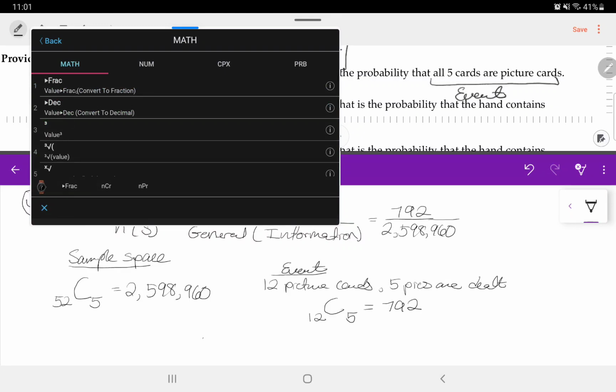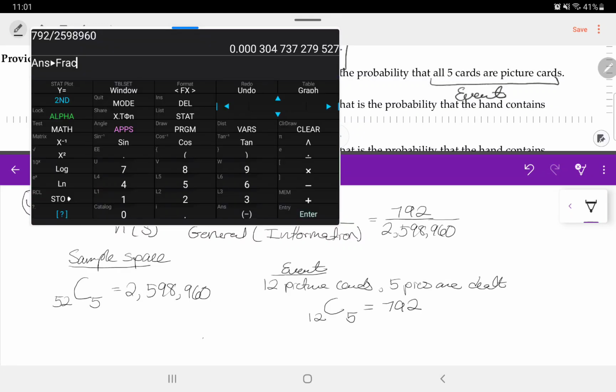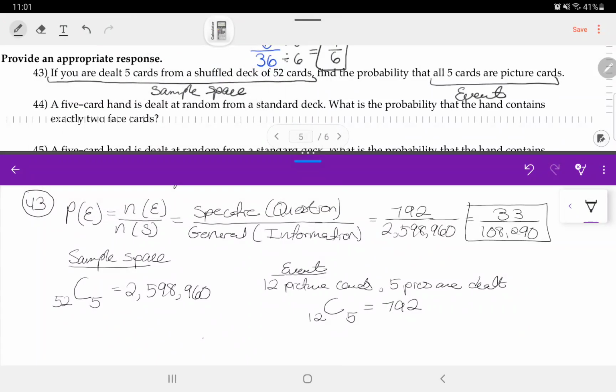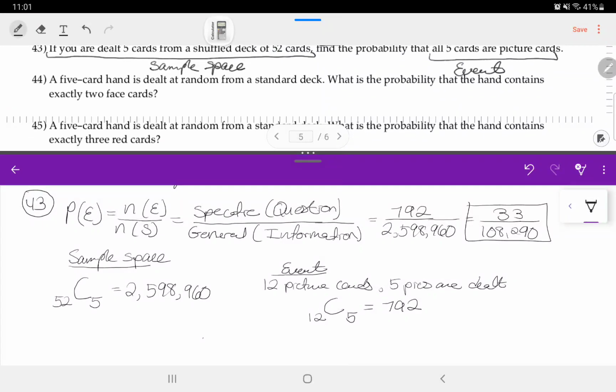You're going to go to the first one that says Frac, convert that value into a fraction, hit enter, and that's going to equal 33 over 108,290. All right, guys, that is it for question number 43. 44 and 45 will follow down the same path.